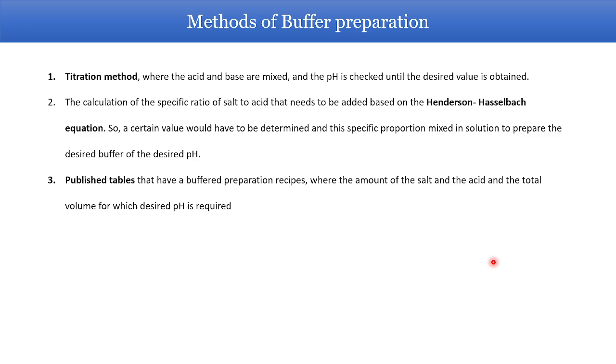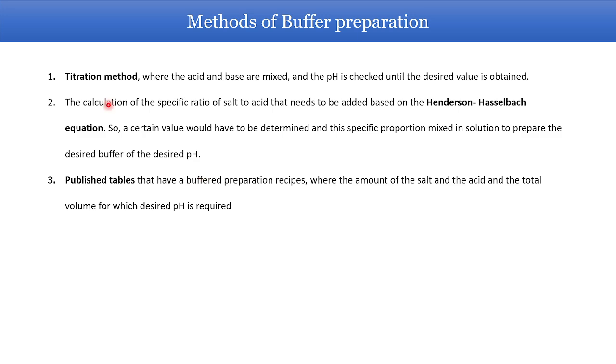And directly by putting it into the Henderson-Hasselbalch equation, we first calculate the specific ratio of the salt to the acid, and then we add it to the desired amount of water, and we get the actual pH. That can be an easy way to do it.